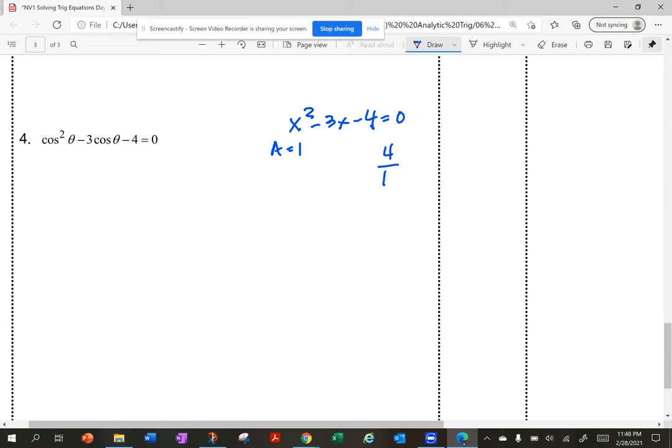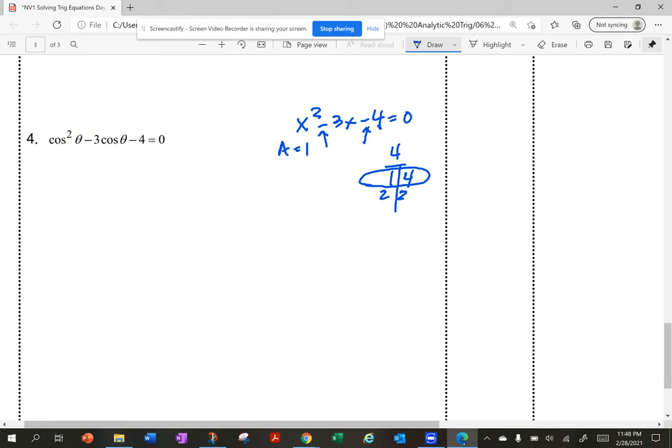The factors of 4 are 1 times 4 and 2 times 2. My signs are different, so when I subtract them they total -3. So I know these are my 2 factors, and the higher number is negative and the lower number is positive.